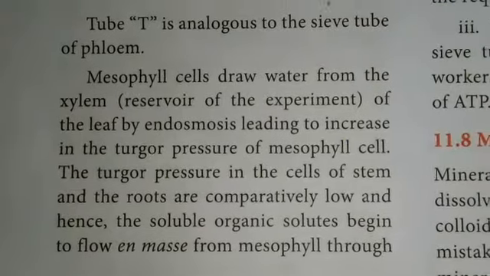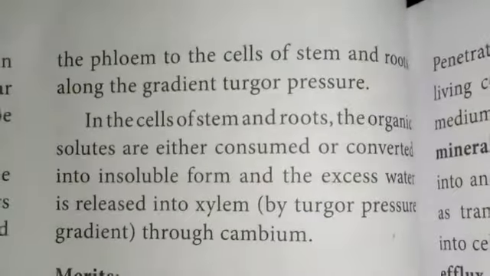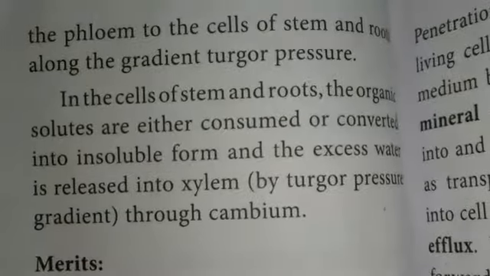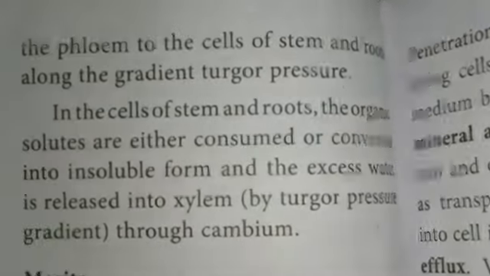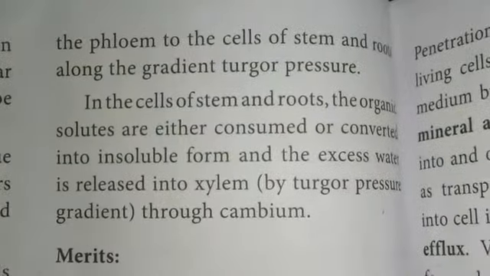In the cells of stem and roots, the organic solutes are either consumed or converted into insoluble form, and the excess water is released into the xylem through the cambium.